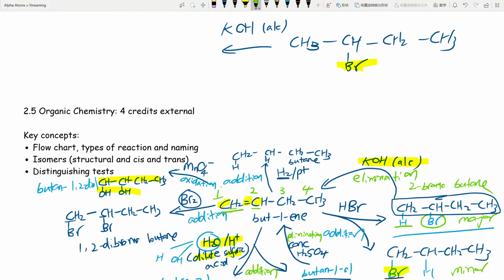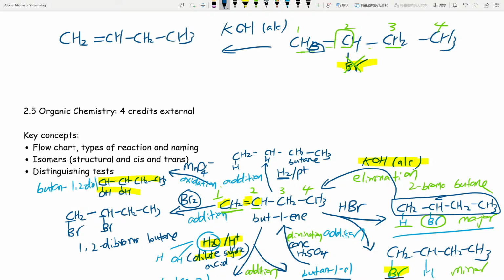If I number the carbons, this is 1, 2, 3, 4. One of the H's of the neighboring carbon has to go, because this carbon is losing the Br, and then you have to form a double bond either on the left hand side or the right hand side, so you have to remove a hydrogen. If I choose to lose this hydrogen on the left hand side, that will become CH2=CH, CH2 CH3.